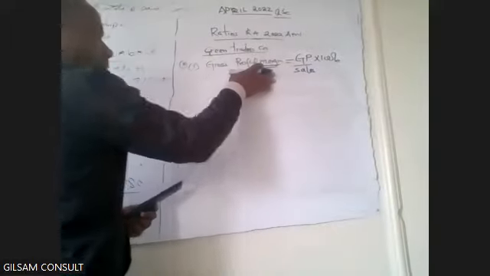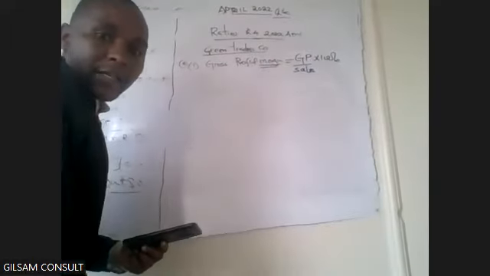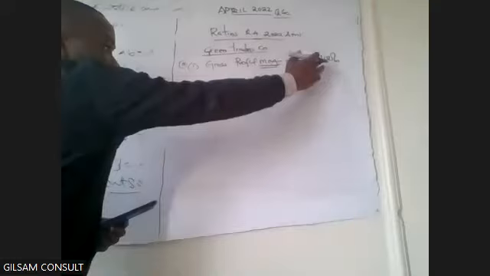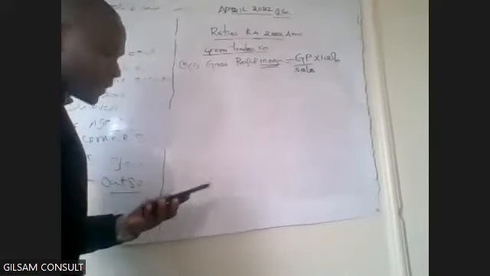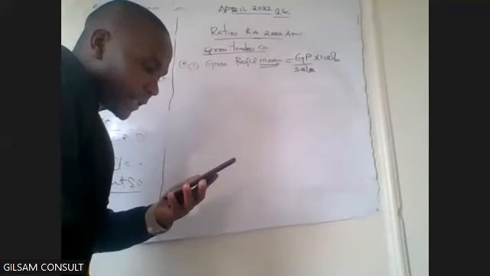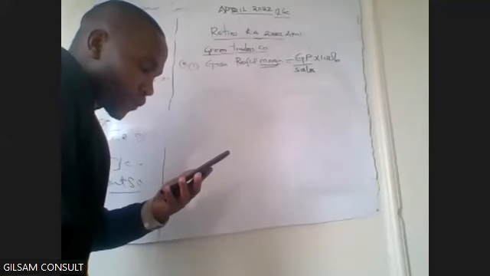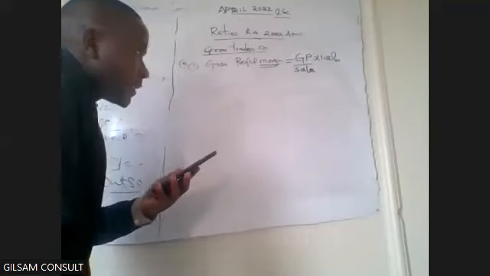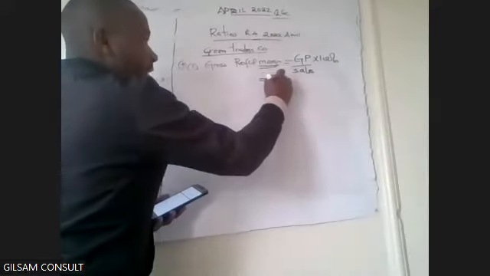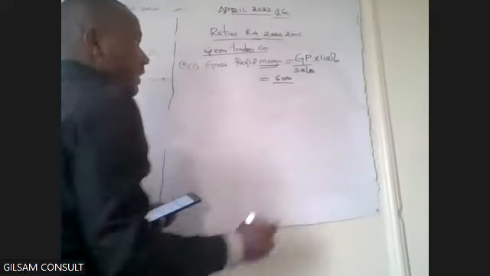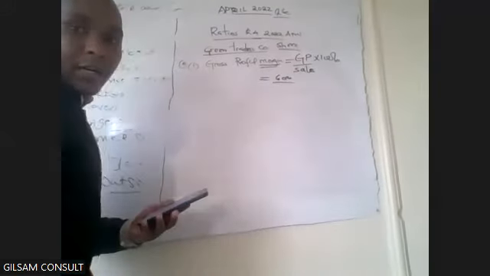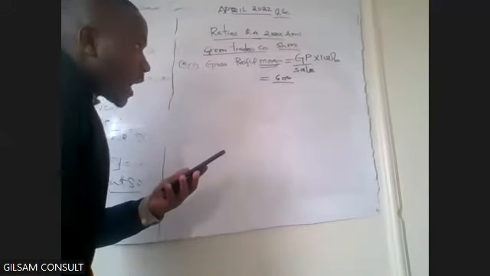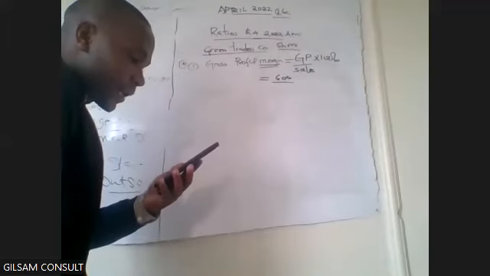And remember, this is a profitability ratio, so you must indicate the 100. How much is the gross profit? It is in the income statement. We have a gross profit of 600, remember it is in thousands. How much are the sales?